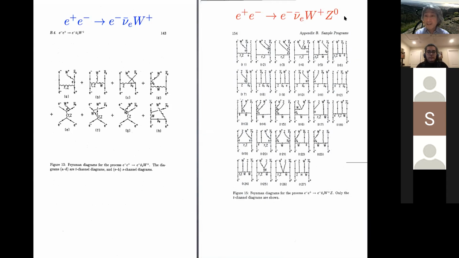Today in class, we only look at very simple cases where we can do things by hand so that you get an idea how things work. But in most practical situations, you do have to rely on numerical packages to compute the Feynman diagrams. So you just need to be aware of it.